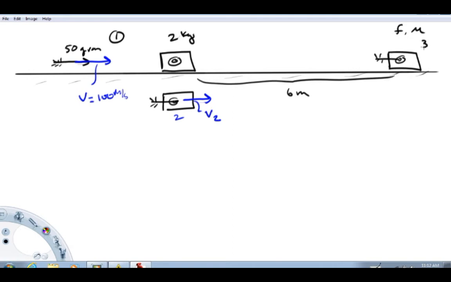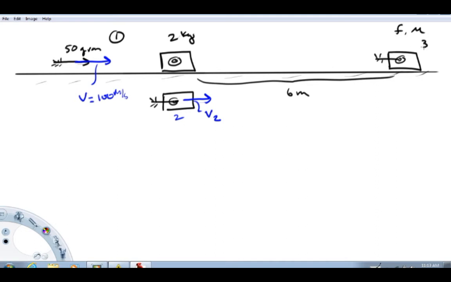So now we've really got 2 different stages in this problem to consider: 1 to 2 and then 2 to 3. From 1 to 2, this is an impact, and it's very important to understand conceptually how the forces interact between the arrow and the target.